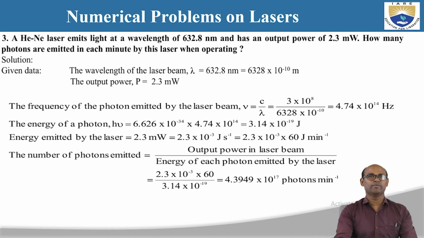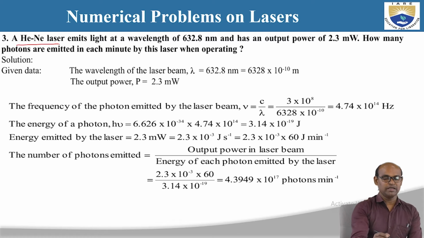Coming to the third numerical problem: a helium neon laser emits light at a wavelength of 632.8 nanometers and has an output power of 2.3 milliwatts. How many photons are emitted in each minute by this laser when operating? They have given a helium neon laser and a wavelength.